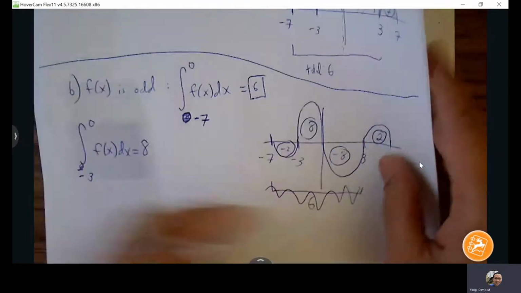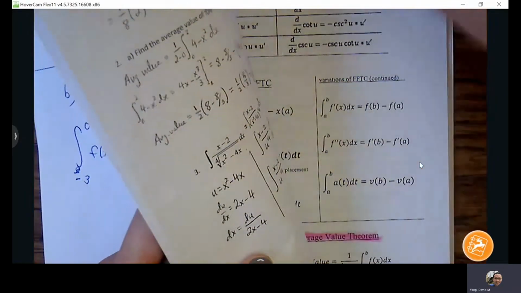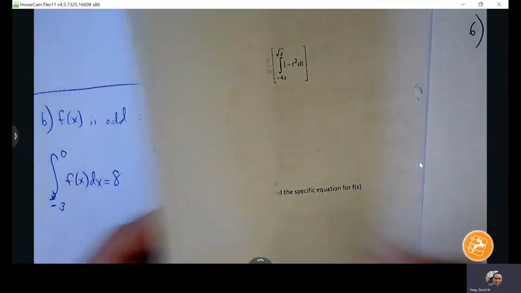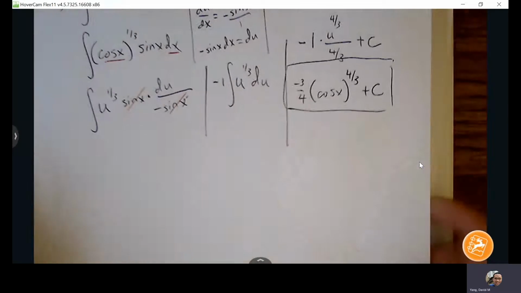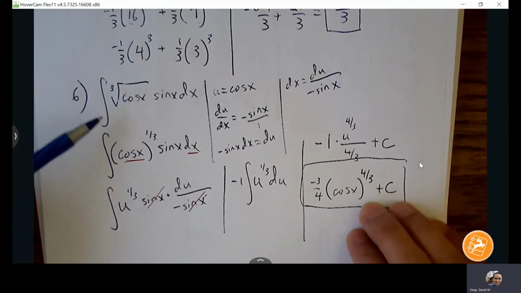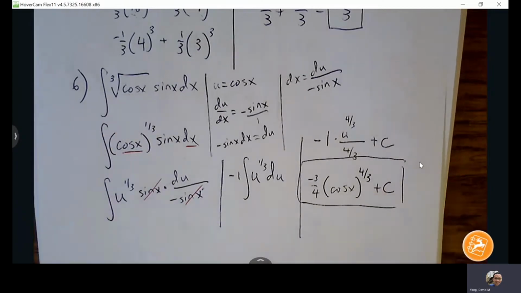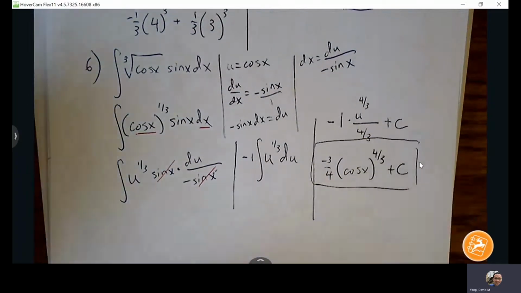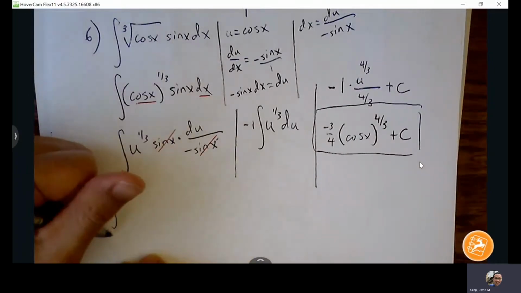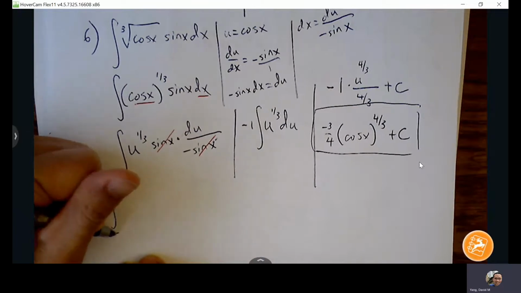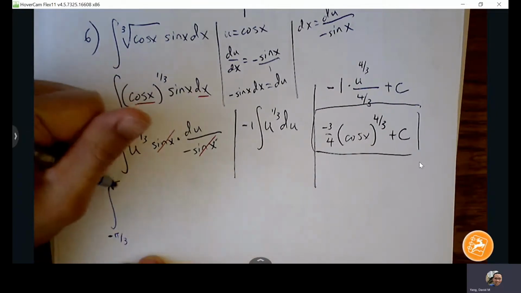Okay, I do want to go back to number 6, and I want to try something here. We worked out this problem without bounds, but let's say there were bounds involved. Let's say we have bounds from -pi/3 to pi/4.